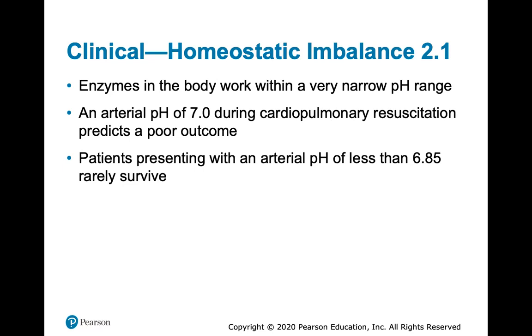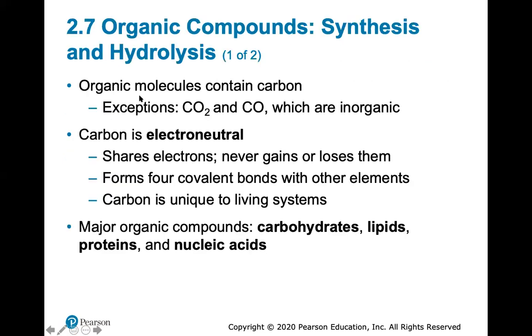So if you're having some sort of heart failure and the pH is just narrowly lower, the enzyme that helps that part of the body function will not work. Extremely slight changes in pH in the body can cause really severe outcomes, and that's why enzymes work within a very narrow pH range.